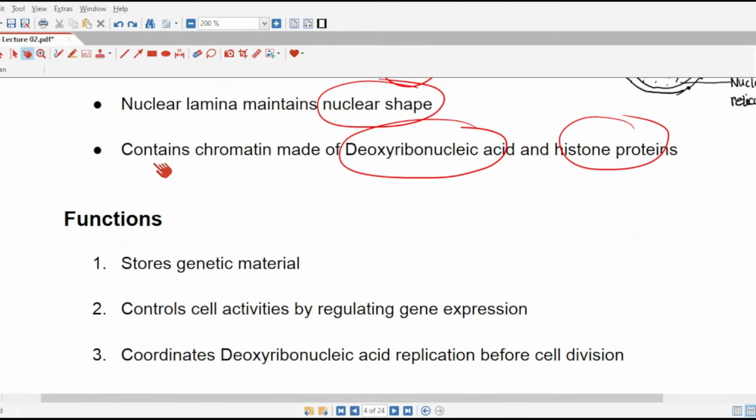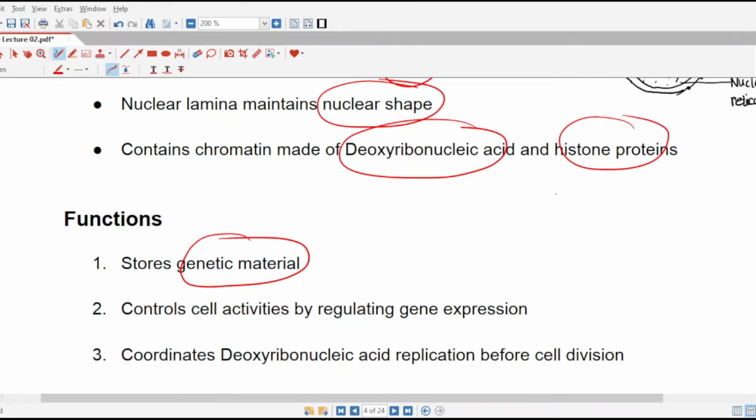What are the functions? We have said inside nucleus you will have DNA, that is genetic material. That's why it says that it will store genetic material, and nucleus will control all the cell activities by regulating gene expression. Why do we say this?